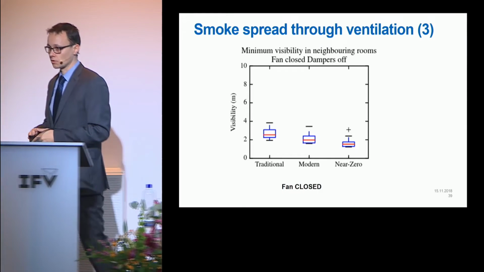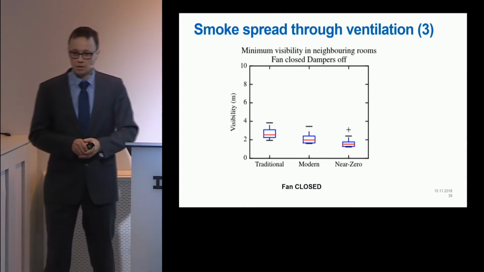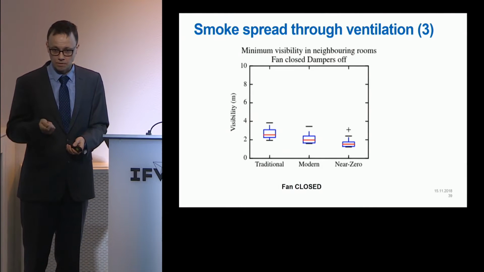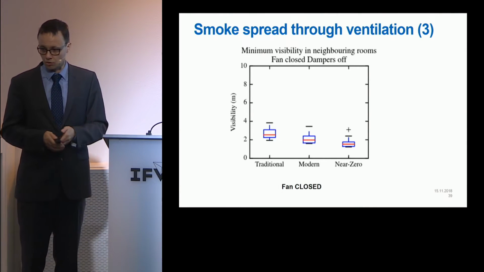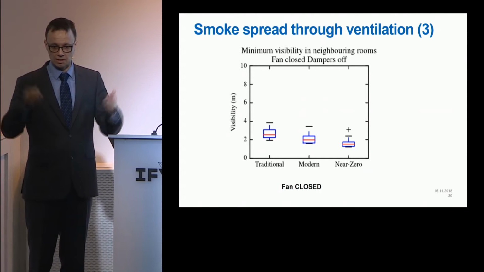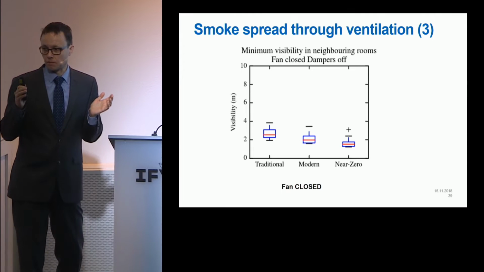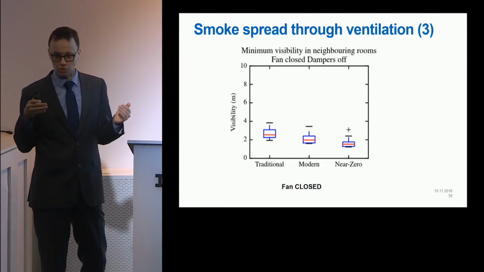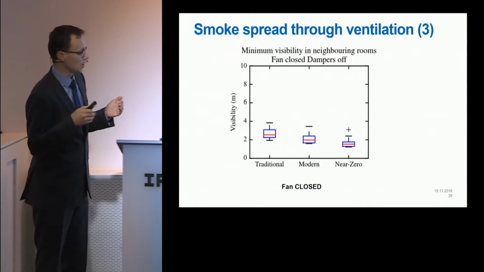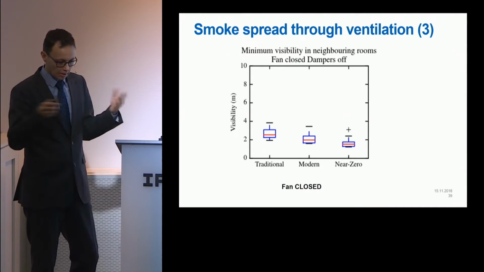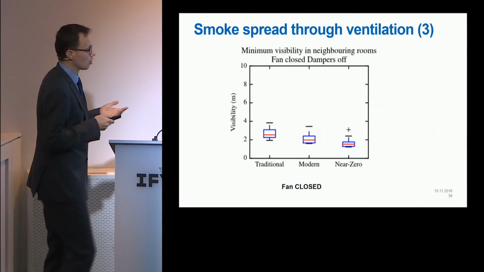And by fan closed, we mean a scenario where we not only turn the fan off, but we actually assume that the fan closes itself. So basically the entire floor ventilation system became a closed system, except for the envelope leakage.